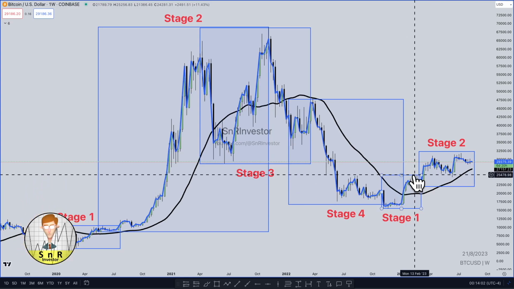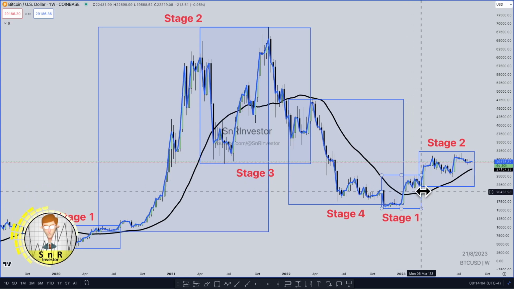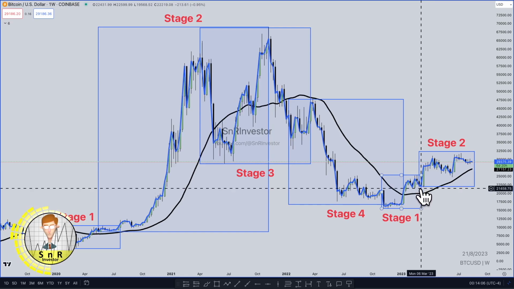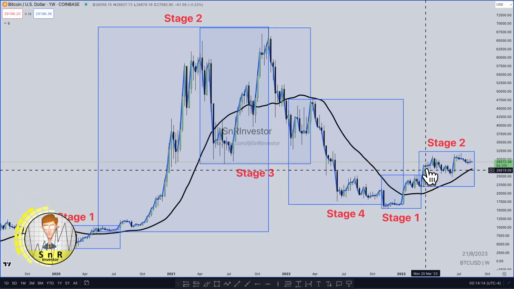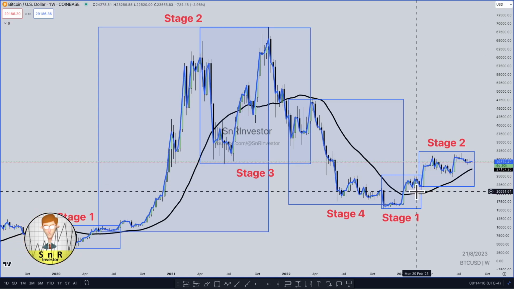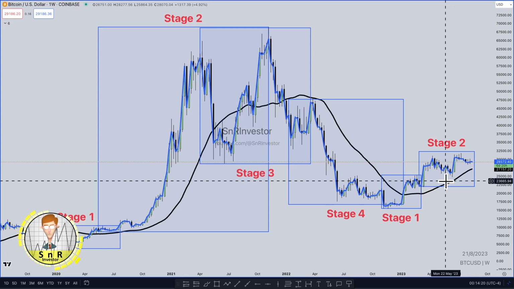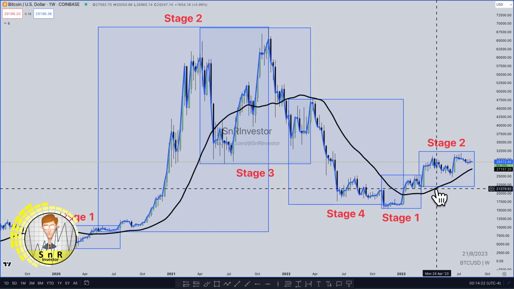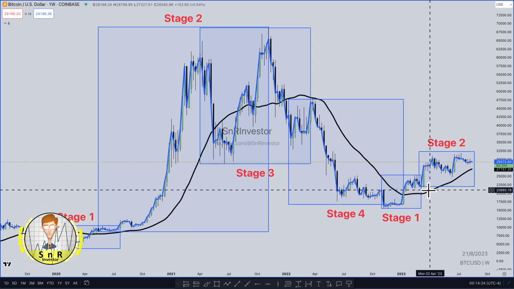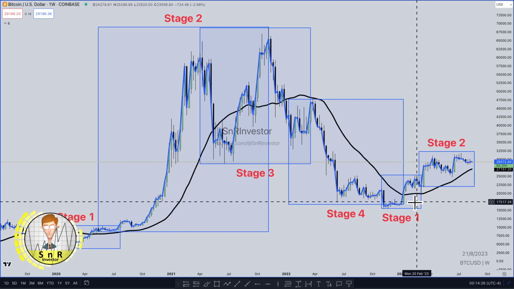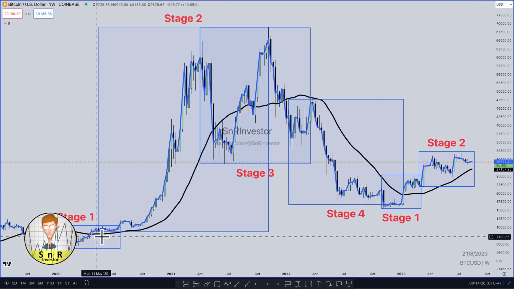But as price stayed above the 30-week moving average, we could also assume and be willing to take the risk that we might be looking at stage 2 if price goes any further. And as the 30-week moving average starts to slope upwards, this is a very positive indicator that we are already in stage 2 if the indications are not as clear as over here.